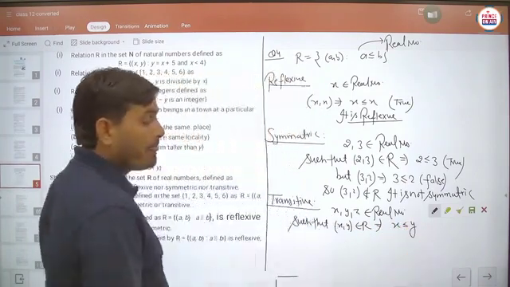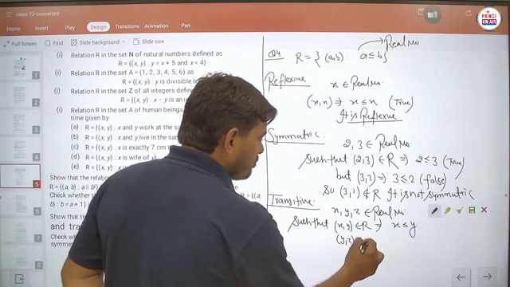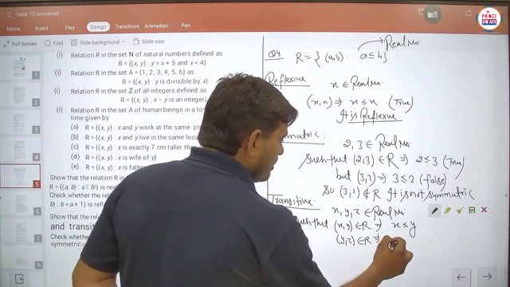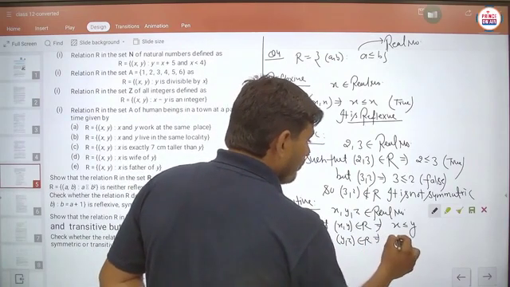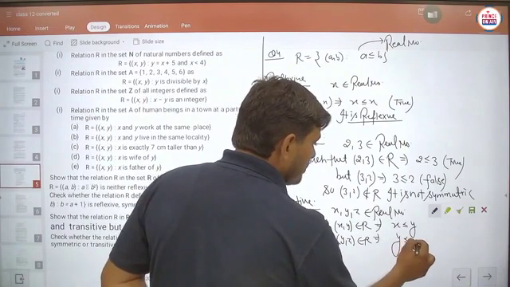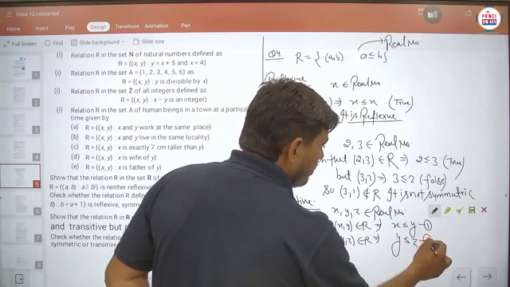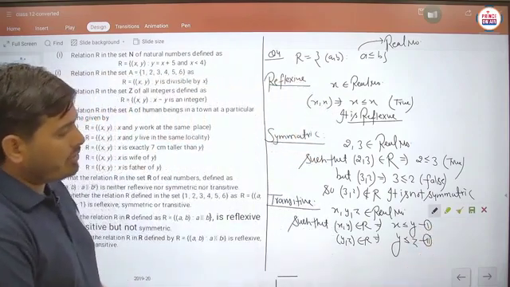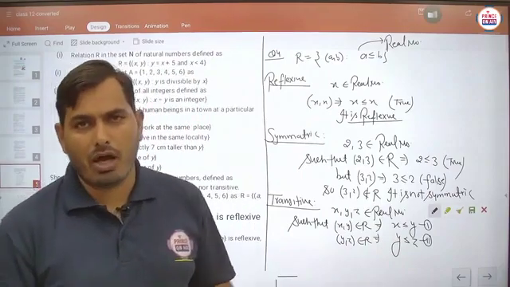And another, y comma z belongs to R, implies that y is less than or equal to z. These are not equations, these are said to be inequalities.